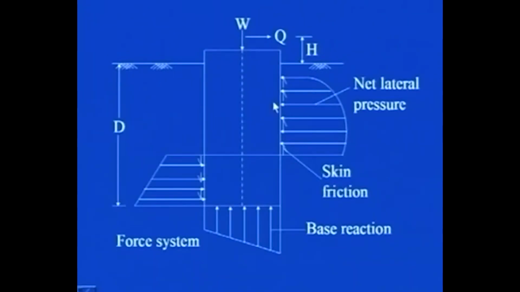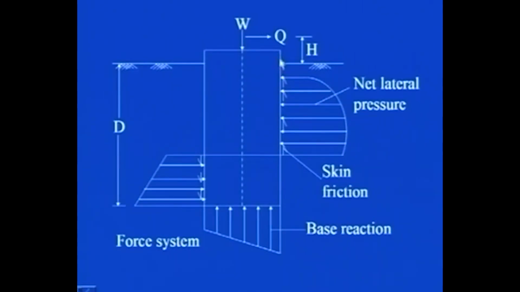You can see here the various force systems which will be acting on the well foundation. This is the vertical force W, then the horizontal force Q, which is acting at a height of h from the existing ground surface, and then the lateral earth pressure.